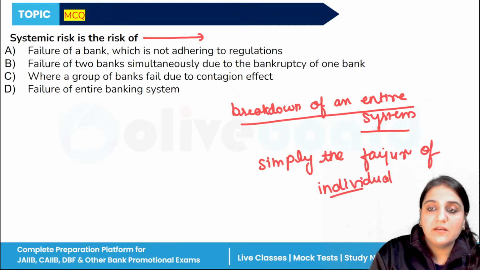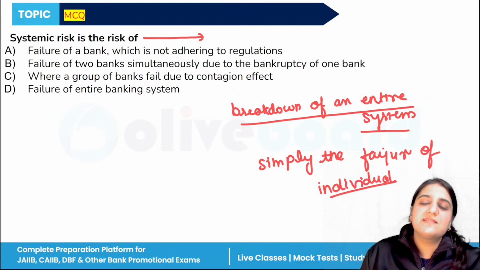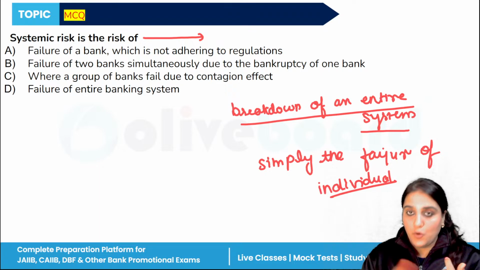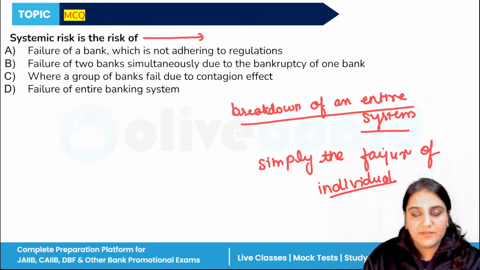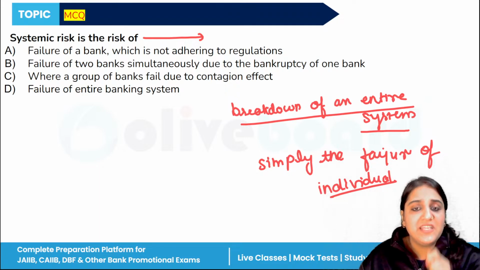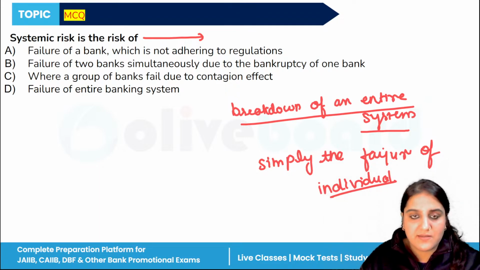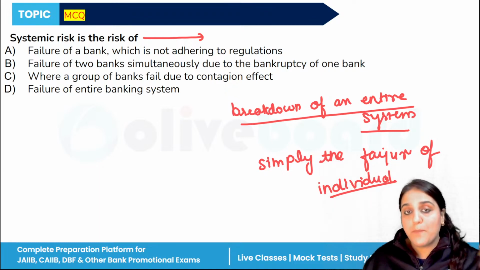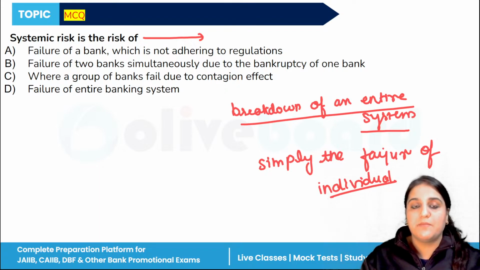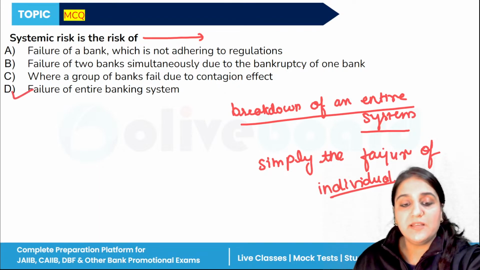Some examples of external events that represent sources of systemic risk are global recessions, geopolitical risk, global pandemics, natural disasters, and monetary issues like inflation and currency crashes. Which option is correct? Systemic risk is the failure of the entire system. So option D is correct here.